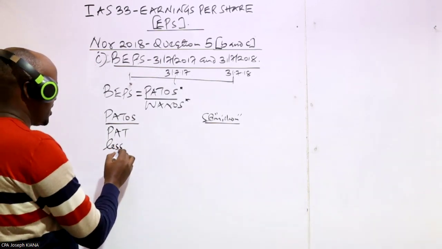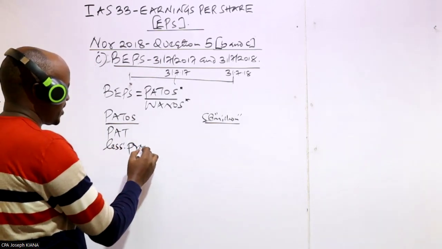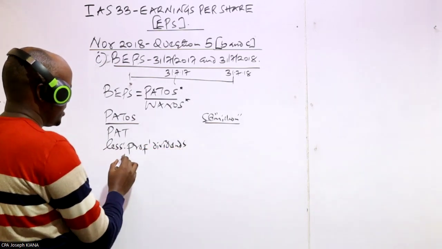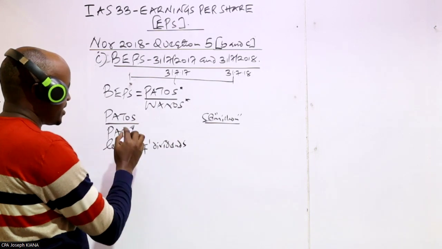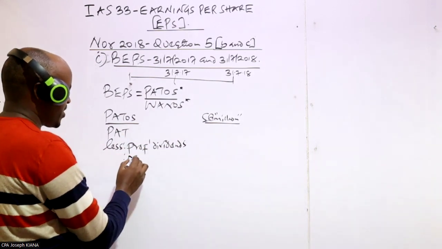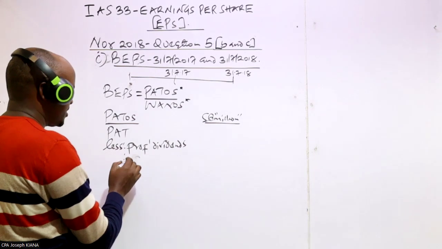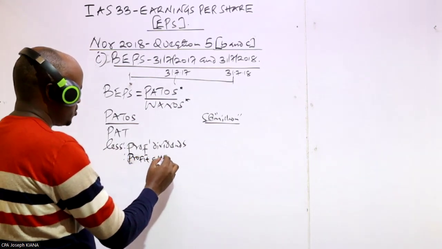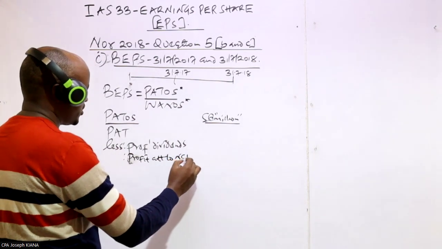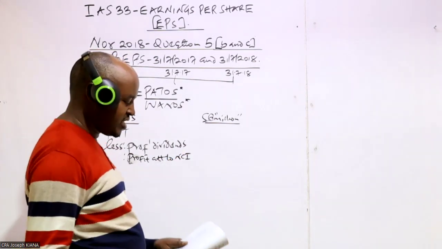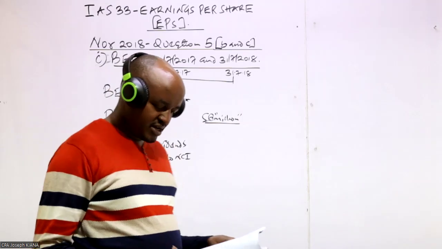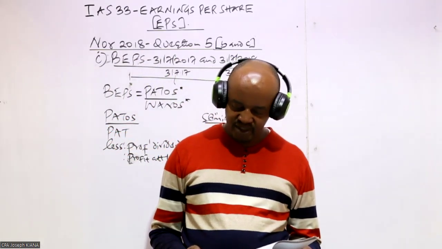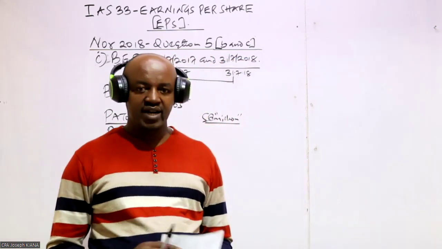To this, we less the preference dividends for the current year. If we happen to be computing the earnings per share for a group of companies, to this we also less the profit attributable to the non-controlling interest. And actually, here we are computing earnings per share for a group of companies. That's what we are told in paragraph number 2.